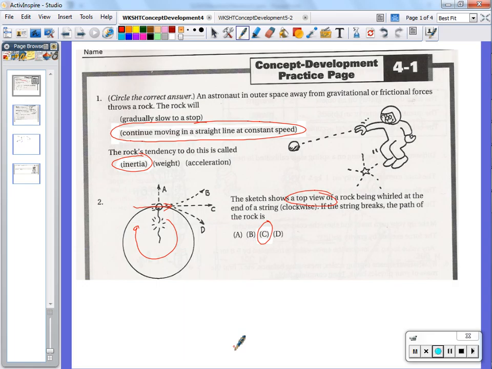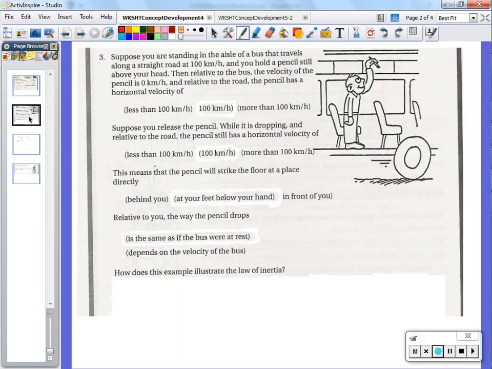All right. Taking into account that idea of gravity, let's take a look at number 3. It says, suppose you're standing in the aisle of a bus that travels along a straight road at 100 kilometers per hour. That's only like 60 miles per hour. You hold a pencil still above your head.